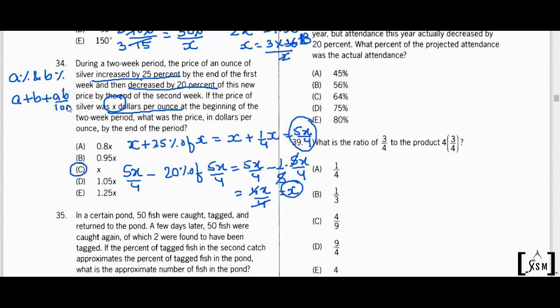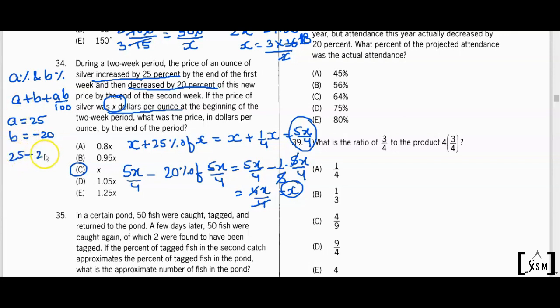Now in this case, the two percentage changes are a 25% increase, so A value is plus 25, and the second percentage change is a 20% decrease, so B value is minus 20. So basically I am calculating the single percentage change, so I will be using this formula.